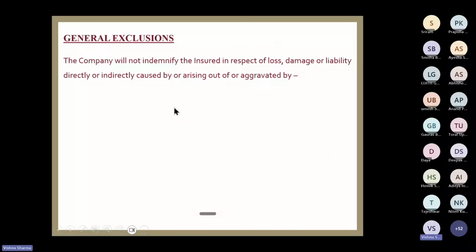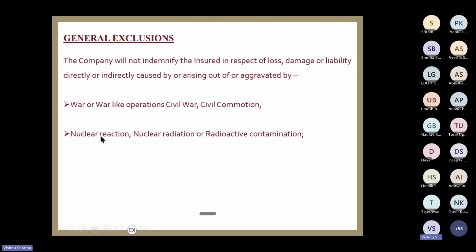Then your general exclusions. As you know, in all policies, these are the general exclusions: war or warlike operations, civil war, civil commotion, not paid. Damage due to nuclear reaction, nuclear radiation, not paid. Loss due to willful act or willful negligence of the insured or his employees, the contractor or his employees, his workers.